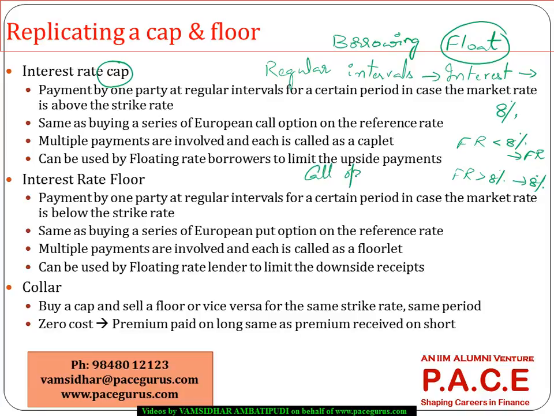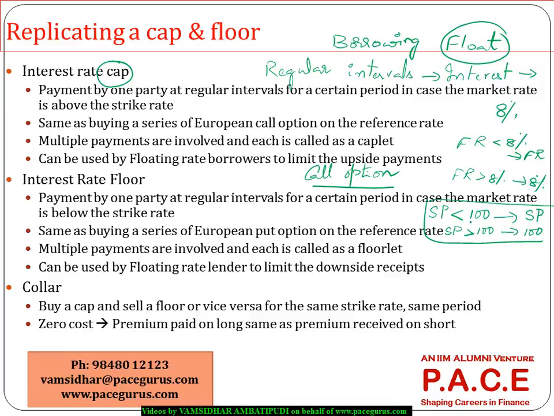If you remember the way we talk about a typical call option, if the stock price is less than, let's say, a strike price of 100, I will purchase it at the stock price itself. But if the stock price goes greater than 100, I will purchase the stock at 100 only. That is the typical definition of a call option. The similar logic applies on the interest rates, which is what we call the interest rate cap.